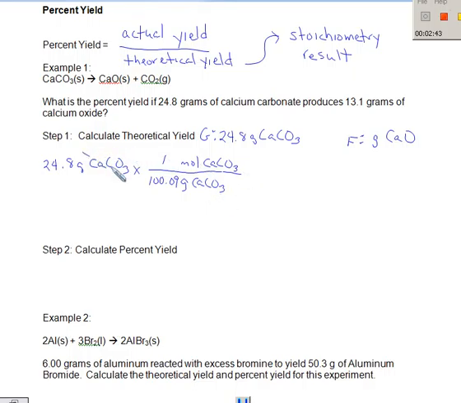We are now out of the grams of calcium carbonate, and we are ready to move over to moles of calcium oxide so we can calculate grams of calcium oxide. So we're going to bring moles of calcium carbonate down. We're going to convert to moles of calcium oxide.